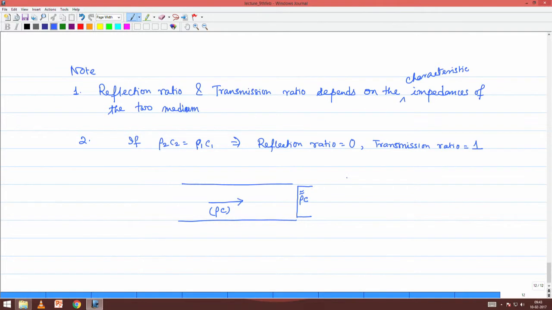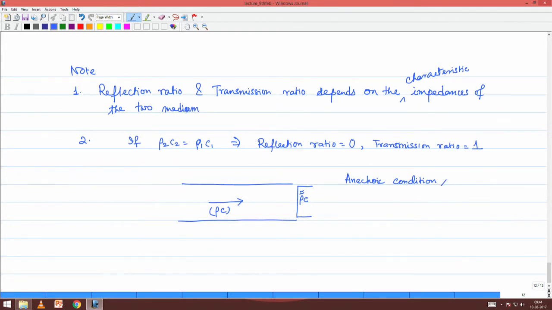So, this no reflection condition is called the anechoic condition. As you know, echoes happen due to reflection, right. So, you could prevent an echo from happening, or you could prevent the reflection, by having a termination impedance which matches with the characteristic impedance of the fluid, right.